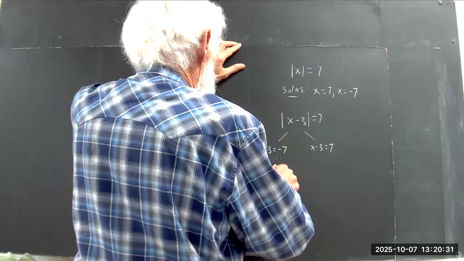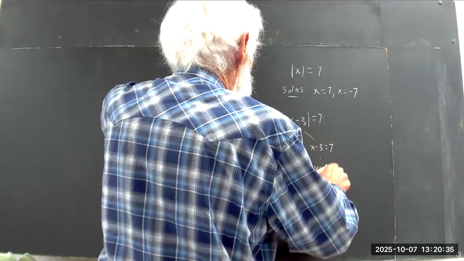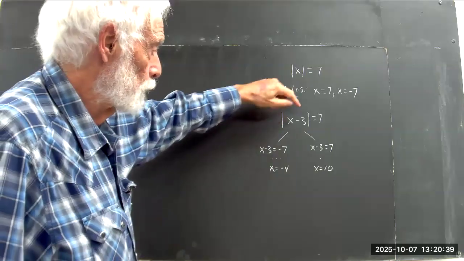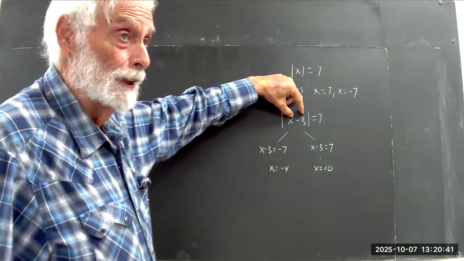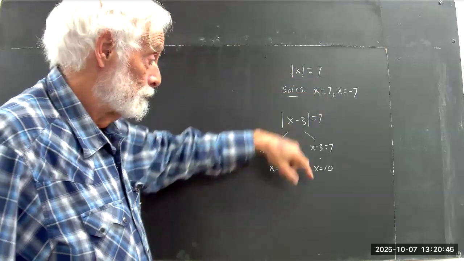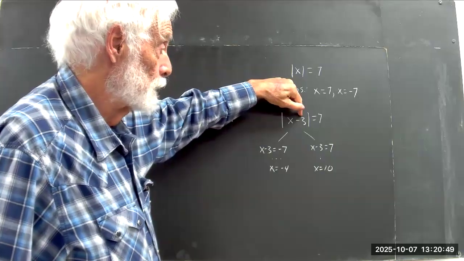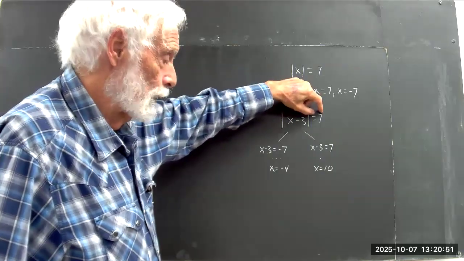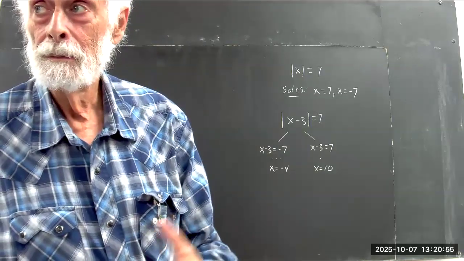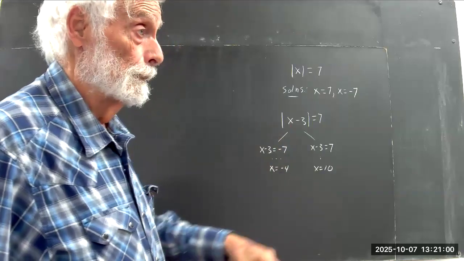And then you can solve this. Well, you add 3 to both sides, you get x equals -4, and you get x equals 10. Then you can check, put -4 in here. -4 minus 3 is -7, and the absolute value of -7 is 7. And if x is 10, you got the absolute value of 10 minus 3, which is 7. The absolute value, that is obviously 7. Does all that make sense? So you just remember, there's your procedure.